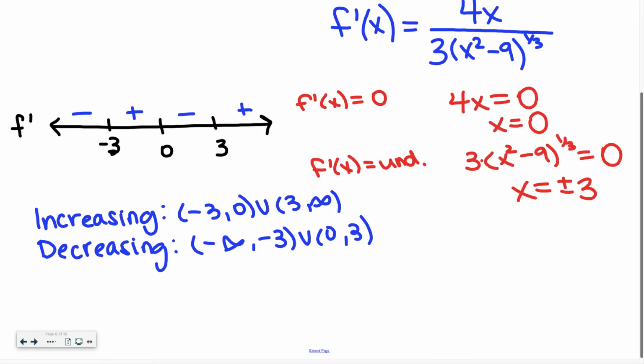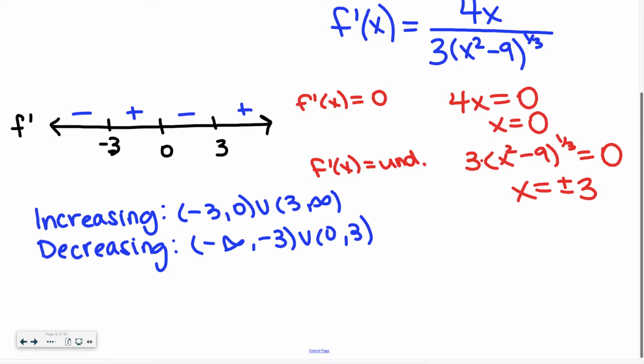Now, when I gave you the function x squared minus 9 to the 2/3, did you know what that looked like? You had no idea what that looks like. Now we have a little bit of information about what that looks like. We know it's going to decrease, then increase, then decrease, then increase. Plug it in your graphing calculator.